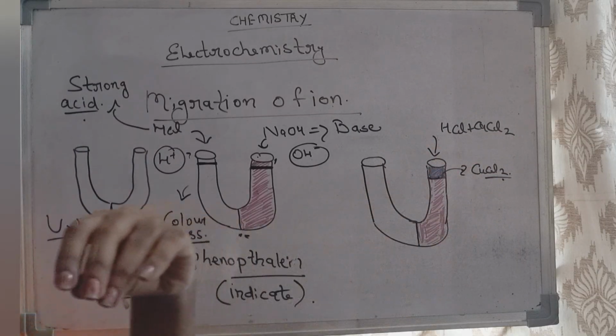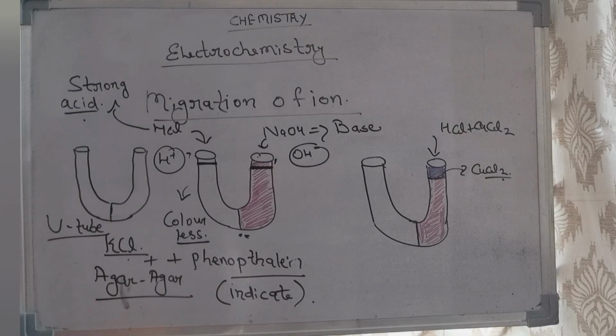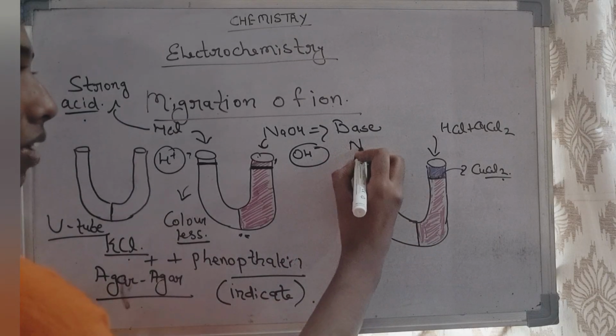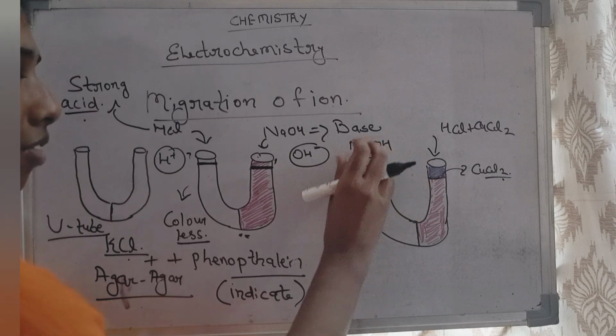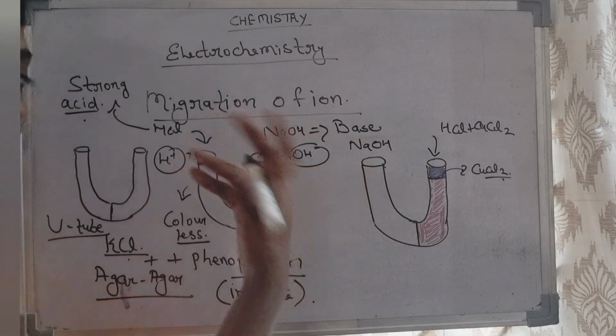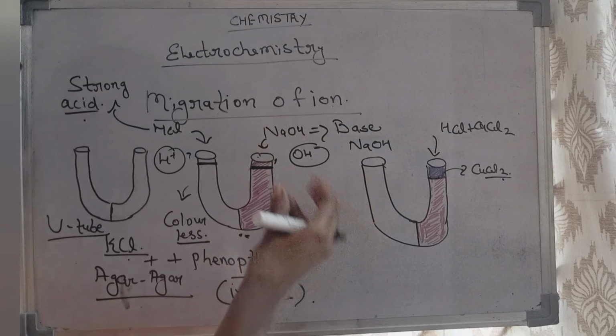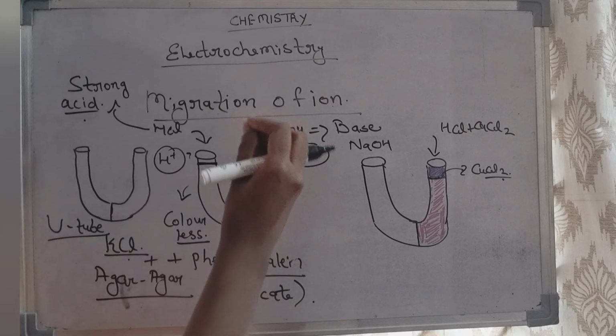Now just wait for some time. Now we have to pour NaOH into this container where HCl is there. This is filled with how many materials? Phenolphthalein, agar-agar, KCl, also HCl.